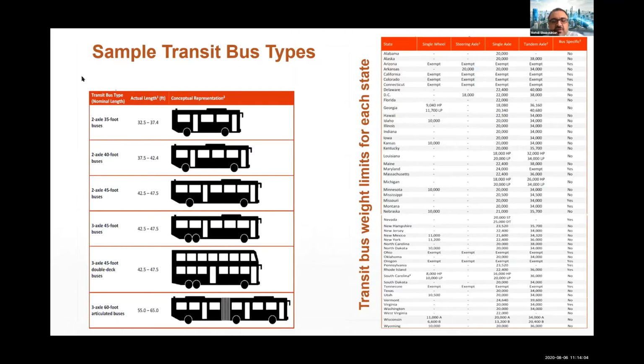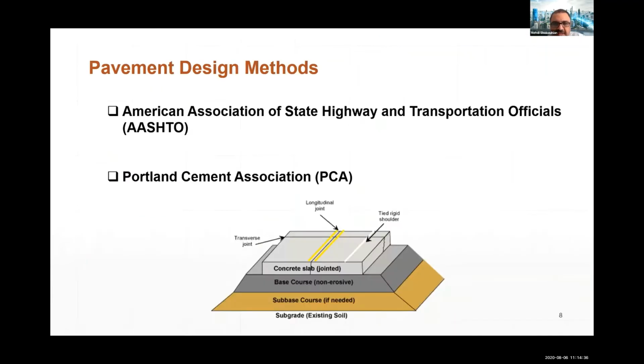State and locally controlled roads often have separate regulations that differ from the federal regulations. As you see in the table, all of the states are listed with their limited weight for the buses. We studied all of those, and then we also compared these with the load that is recommended in AASHTO, which we'll be discussing in the next slides.